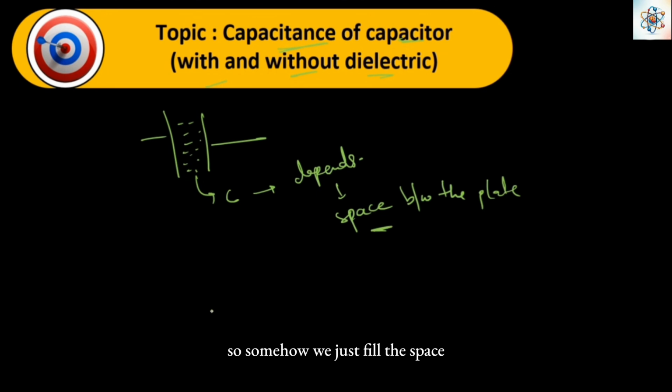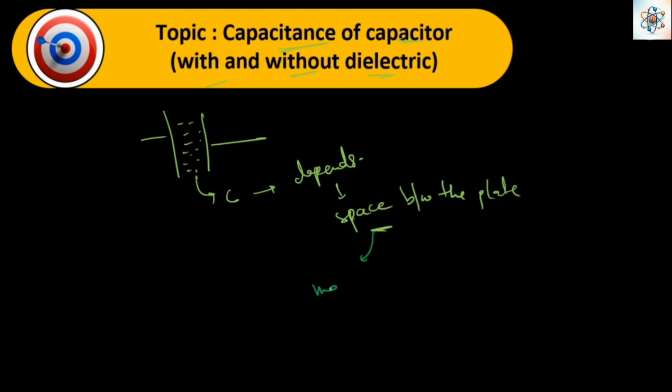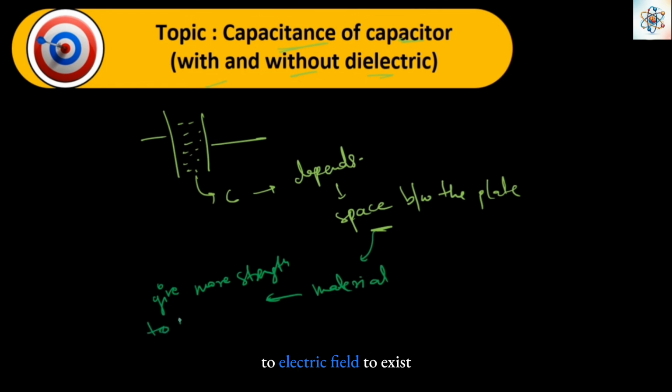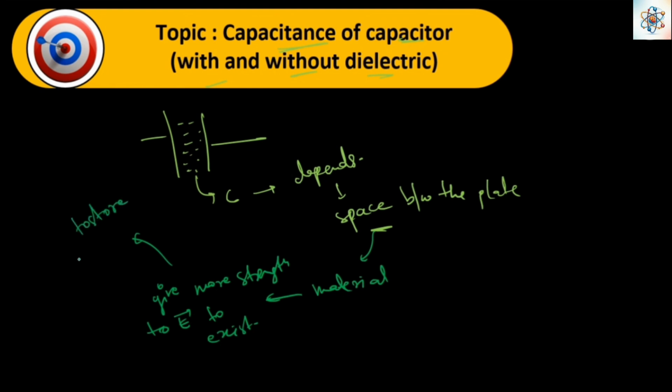If somehow we fill the space with some sort of material which gives more strength to the electric field to exist, that is, we add something in between the plates of the capacitor that will strengthen the electric field that exists between them, ultimately it will help it to store more charge.